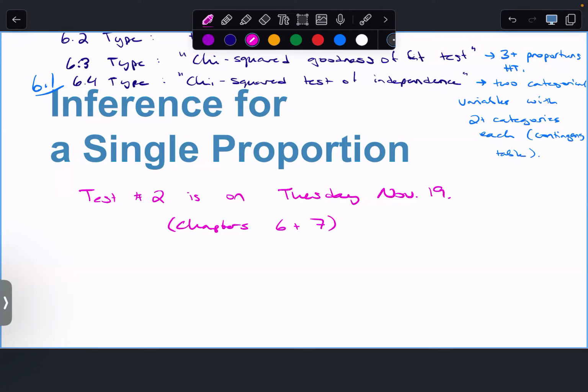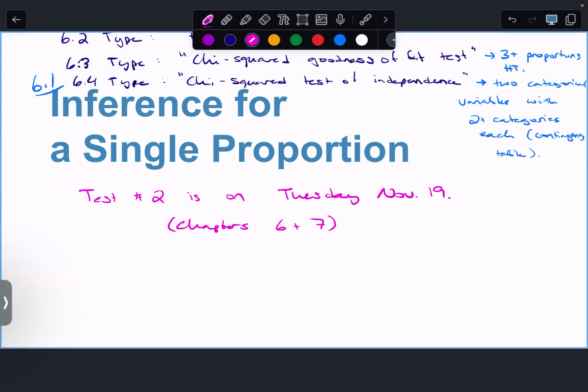We know that the confidence interval for P is P hat plus or minus Z star times the square root of P hat Q hat over N. So we've already seen that.